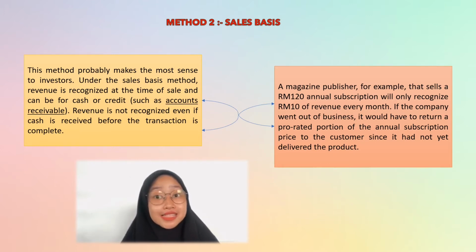For example, a magazine publisher that sells a 120 ringgit annual subscription will only recognize 10 ringgit of revenue every month. If the company went out of business, it will have to return a prorated portion of the annual subscription price to the customer since it had not yet delivered the product.